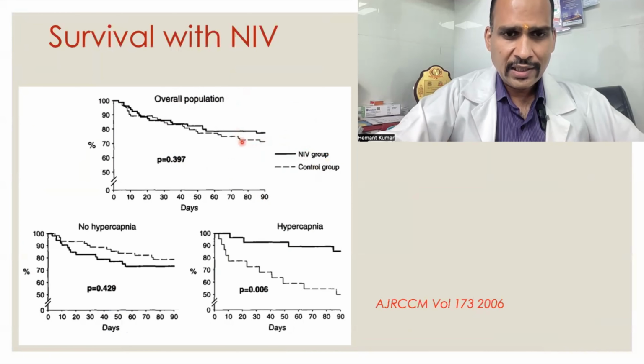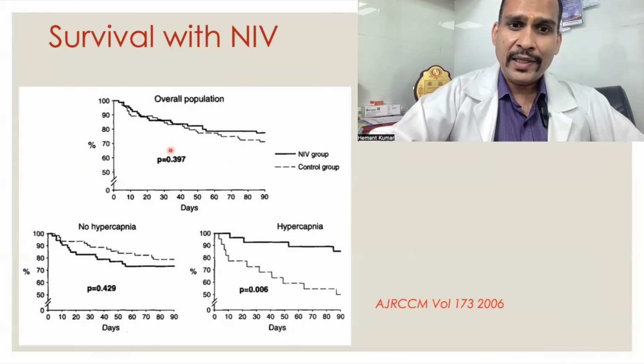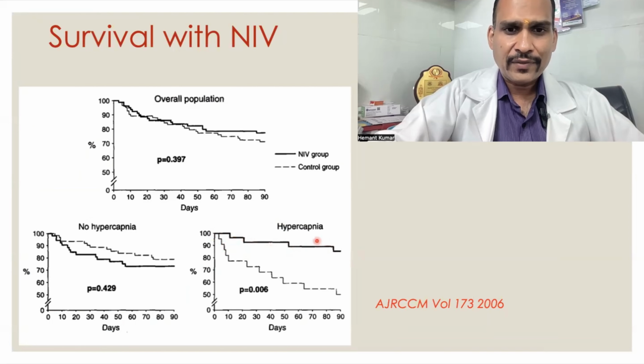Can you see, this is almost the same. So the p value is not significant. But if you apply NIV in case of hypercapnia, then you can see there is a survival benefit. So this is survival for hypercapnia with NIV, this dark line. This dotted line is for the control group.